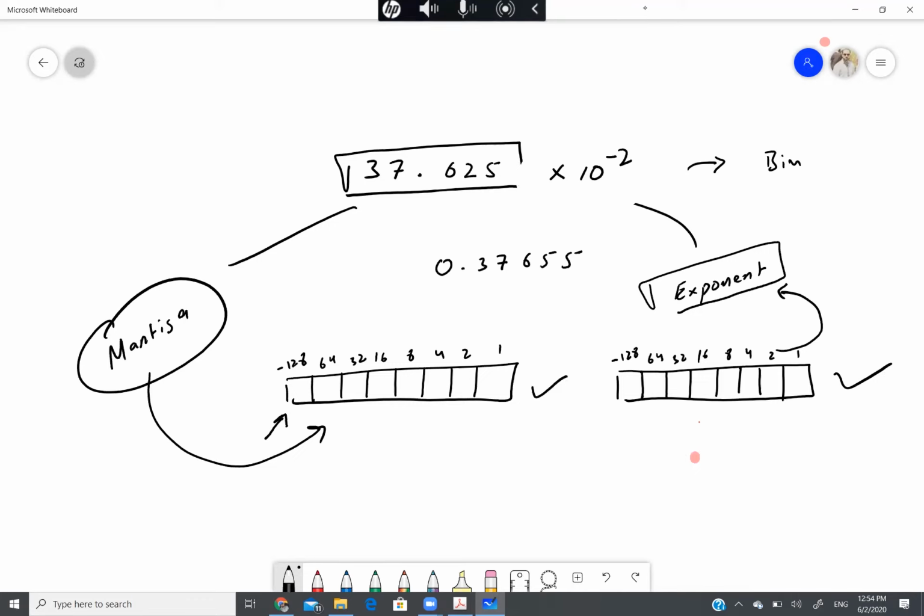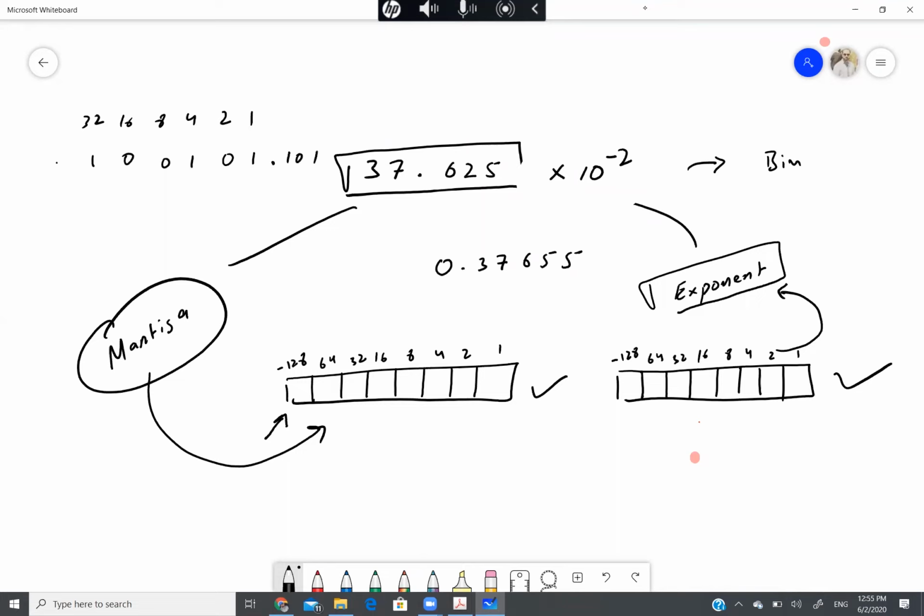All right. So the mantissa and exponent, how to represent them. Now this 37.625, you people already know how to convert it: 1, 2, 4, 8, 16, 32. So 1, then 4, 1, and .625 will be 101.